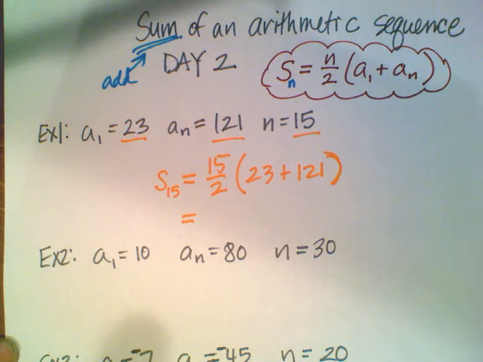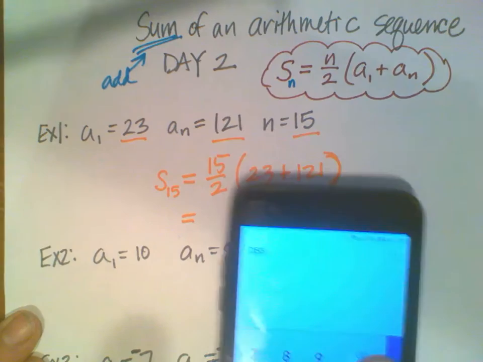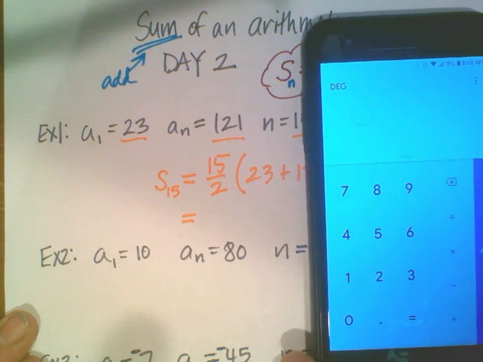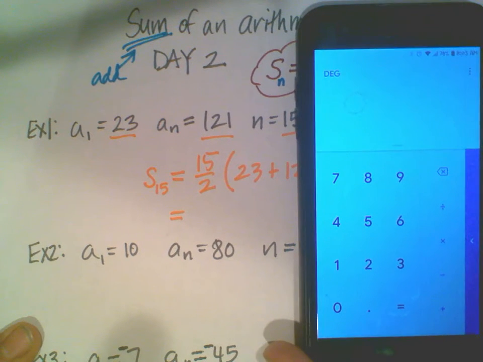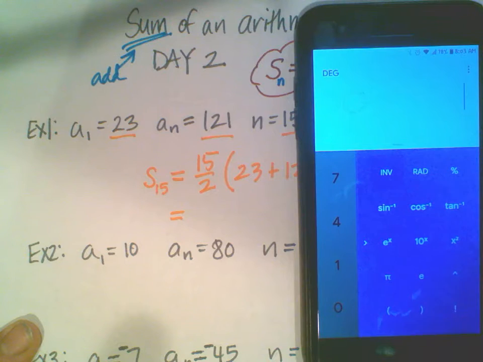So now I'm going to just take my phone again. It's handy. If you have a calculator, use a calculator. But I'm going to grab my calculator on my phone. Depending on the kind of phone you have, mine is the cheapest phone ever made, so don't judge me. But I have to shift mine over to find the parentheses, which I'm going to need.